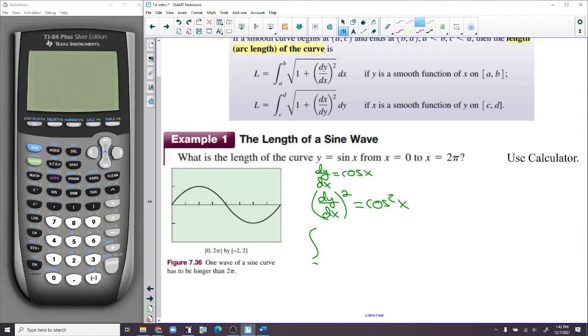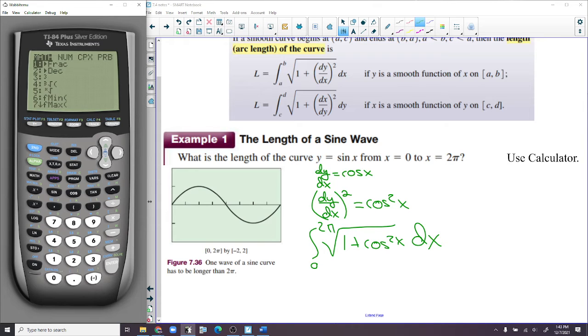We're going to integrate from 0 to 2 pi of the square root of 1 plus cosine squared x dx. And then we just use our calculator to find the answer. Number 9, 0 to 2 pi of square root 1 plus cosine x squared dx. And I mean, we get the value.